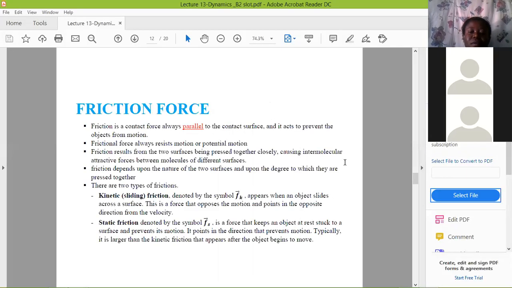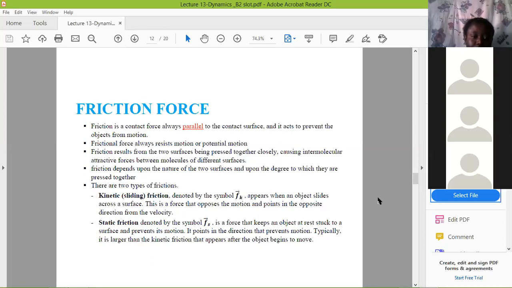Do you have a question? Okay, so we have two types of frictional force. We have what we call kinetic or sliding friction, and we have static friction. The kinetic or sliding friction is related to movement, as you can see from the name kinetic.